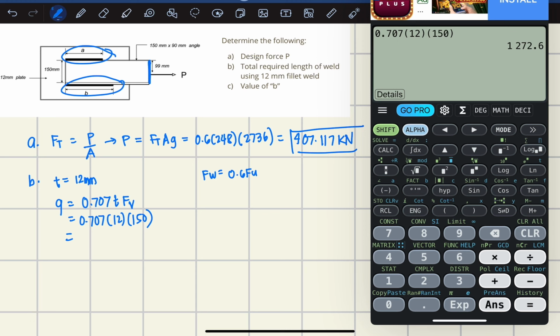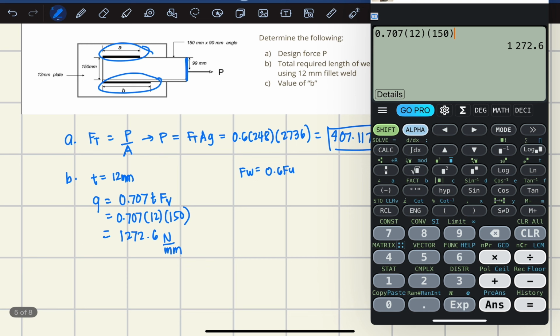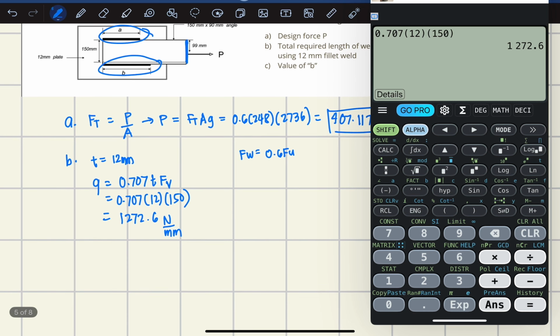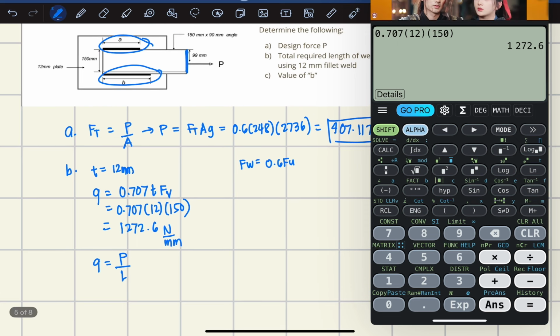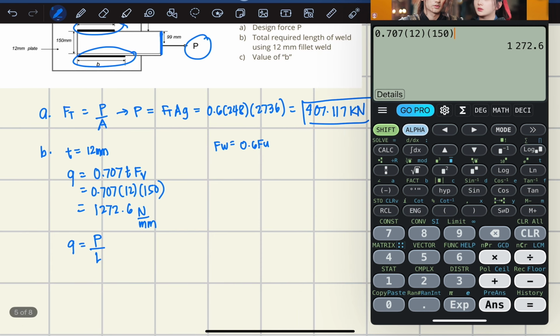The answer is 1,272 Newton per mm. But we're not done yet, since what is asked for is the total length. That is only the capacity of the fillet weld per linear mm. So Q is also equal to P over L. The capacity of your base plate is 407.117 kilonewton.